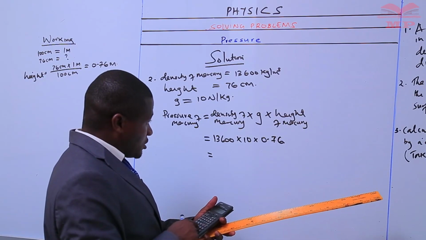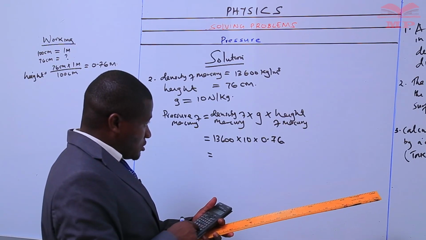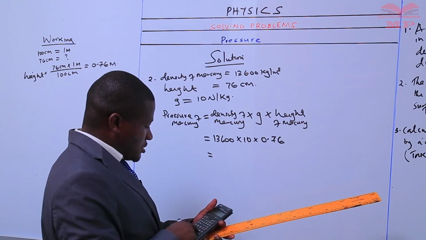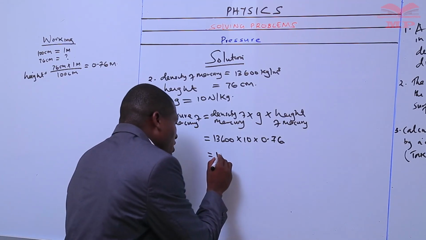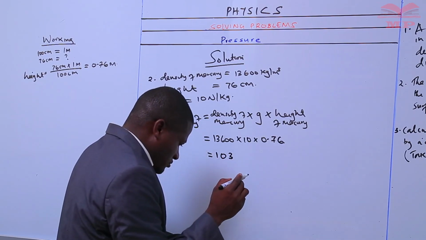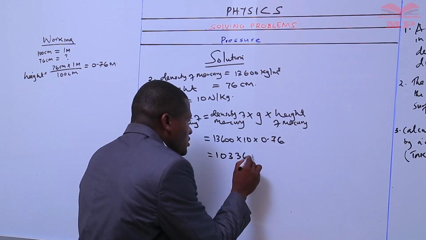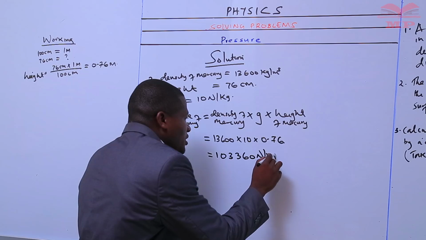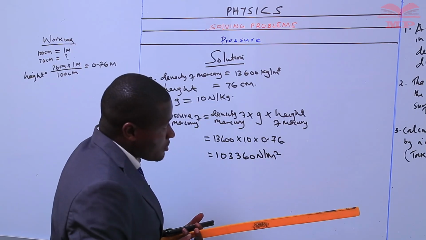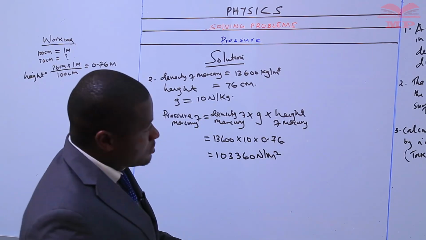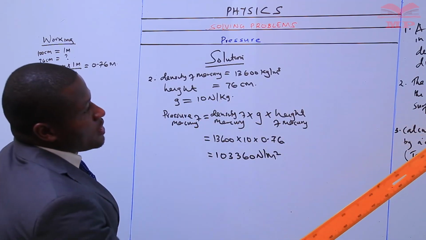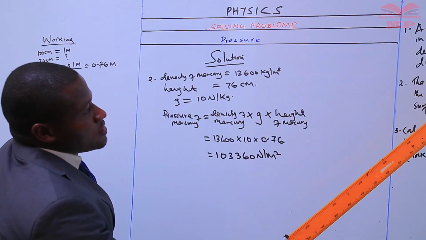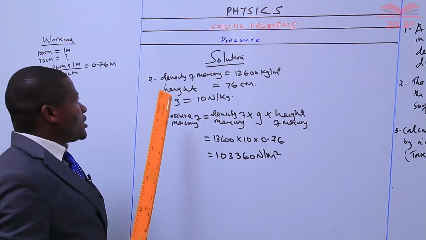That is 103,360 Newton per meter squared. This is the pressure of liquid that this mercury is experiencing.